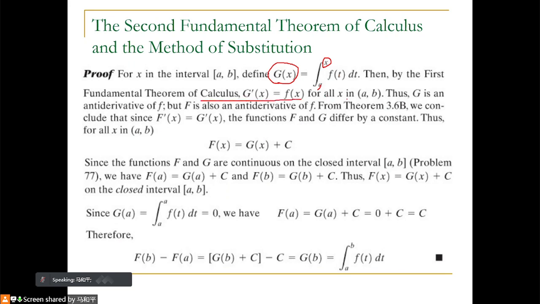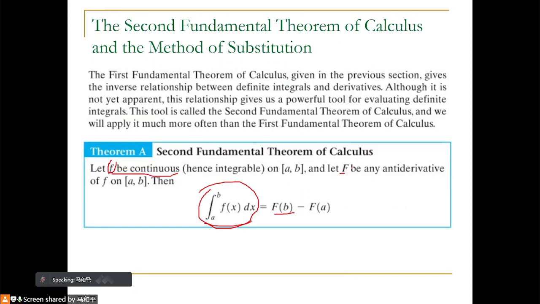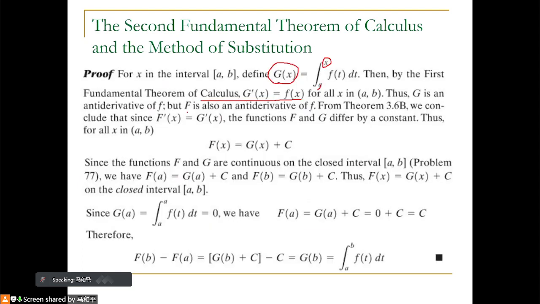For x in [a,b], because g prime x is f(x), g is an antiderivative of f. But here the function F is also an antiderivative of f.